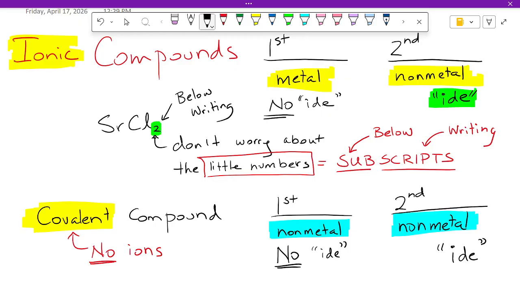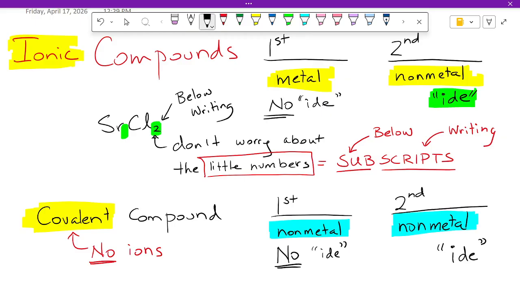Now, in an ionic compound, when we have SrCl2, those little numbers tell us, if there is no little number, that means that the number is 1. Okay, if there's no little number, that means 1.